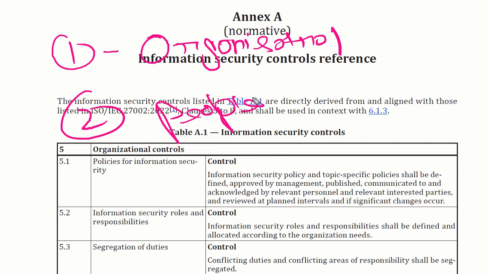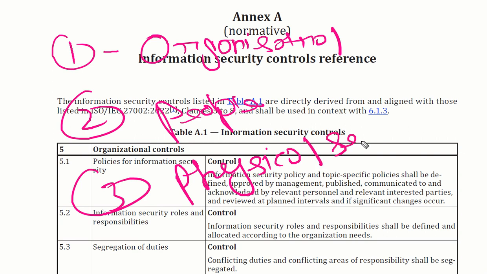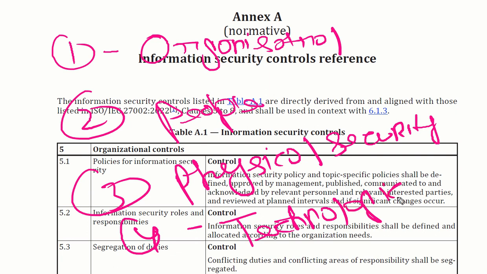The third is physical security, your admin related control. And the fourth is the IT controls, what they are calling technological controls. So these are the things that have been segregated as part of Annex A control.